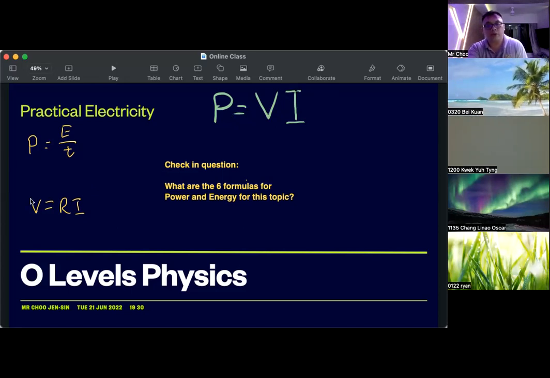Then we use Ohm's law. We substitute the V or the I from Ohm's law into this formula, and you'll be able to get the other two formulas.